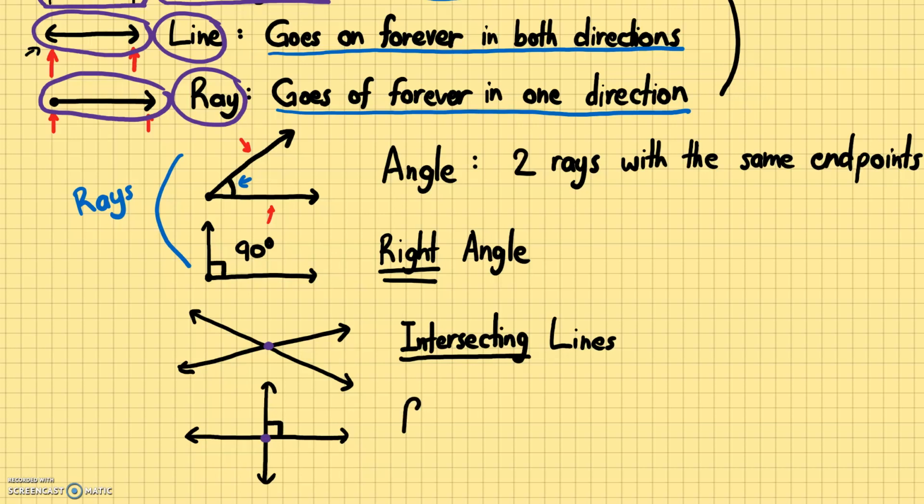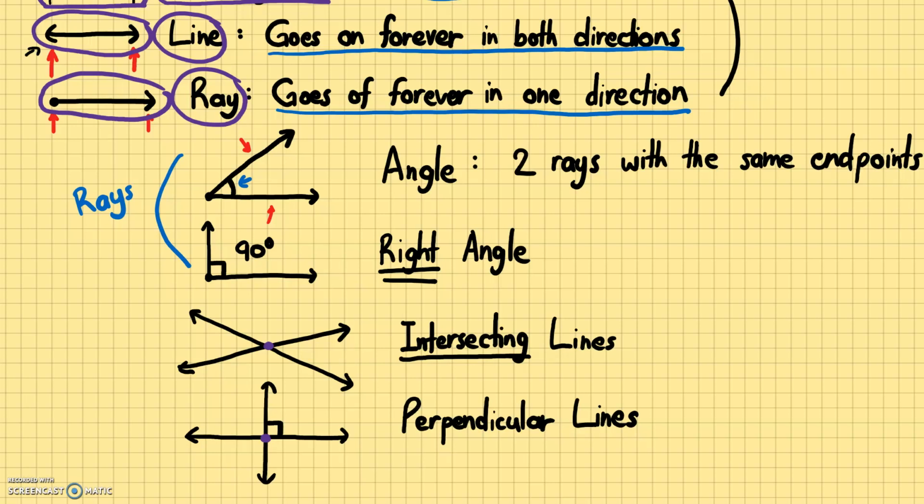And this is called perpendicular lines. Perpendicular means they cross each other at right angles.